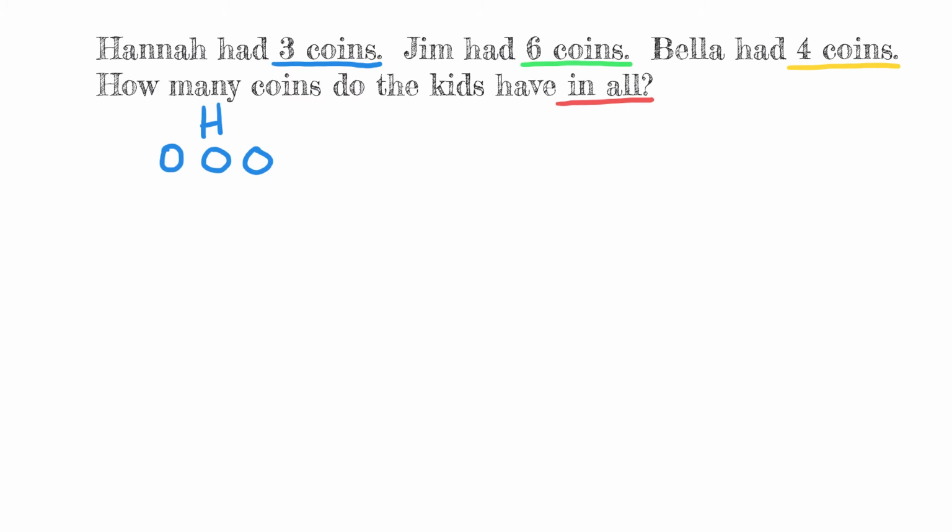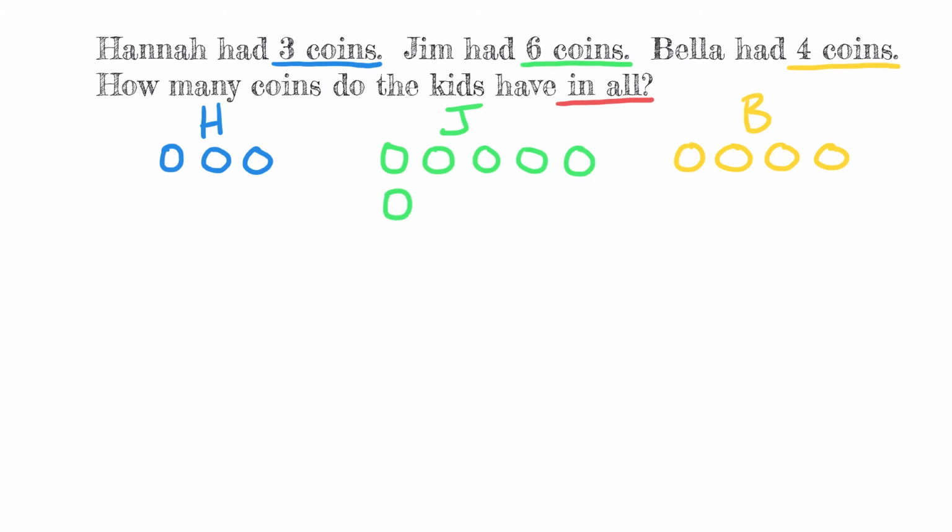And Jim, well, Jim had 6 coins. 1, 2, 3, 4, 5, 6. And I'm going to put a J for Jim. And Bella, she had 4 coins. 1, 2, 3, 4. And I'll put a B for Bella. Boys and girls, pause the video right here if you don't have that written down yet. All right, does everyone have that written down?